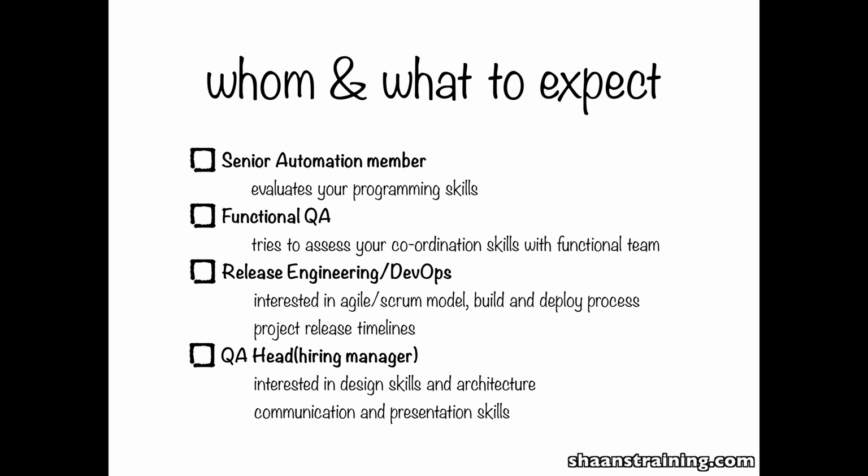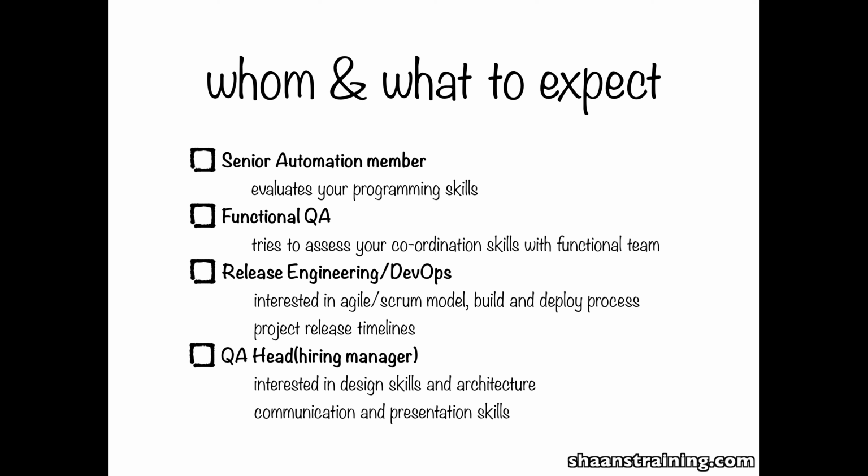Next, let's talk about whom and what to expect in an interview, especially a face-to-face interview, where you talk to different members of the team. As I was telling you, they may not all be QA, but generally these are the typical people you talk to: one of the senior automation members, one of the functional QA in the team, and one of the release engineering team members or a release engineering manager.